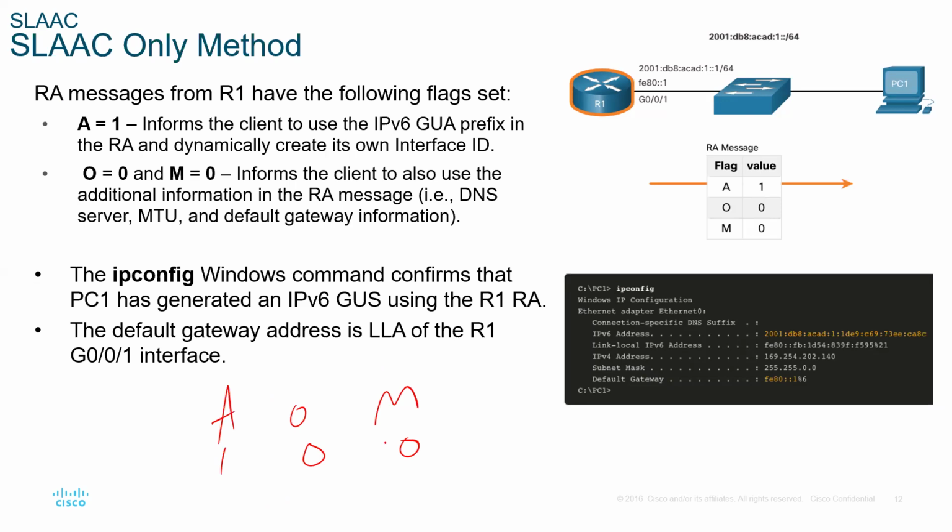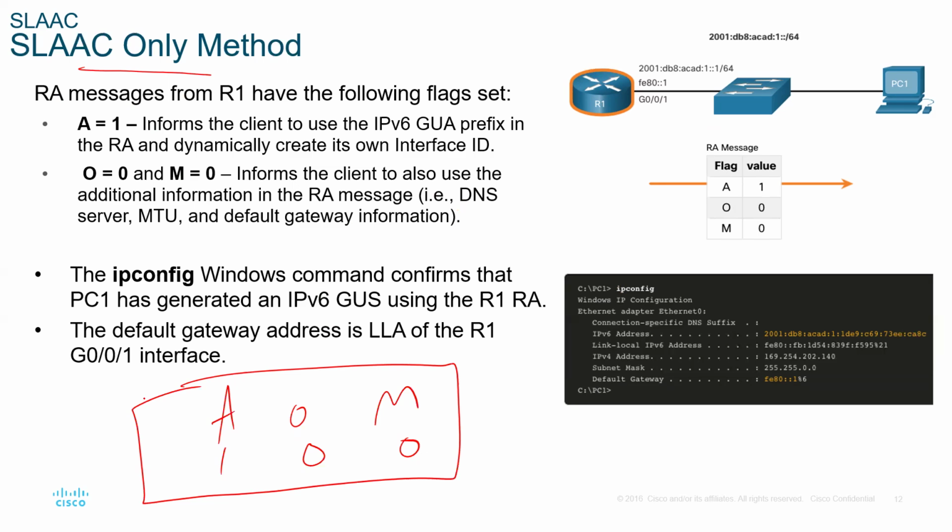And I think this is what is being shown by this slide. It informs the client to also use the additional information in the RA message, that is the DNS and default gateway information. So for the SLAAC only method, our RA message and the information in the flags will be looking like this.